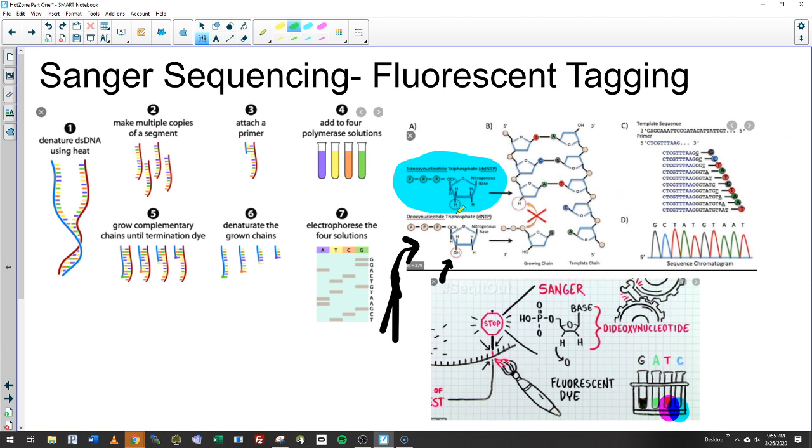Or if it's an A, an adenosine, they're going to tag it with a green fluorescent protein, so when it stops, you're going to get a green glowy tag. Or with G, there's no tag on it, so it doesn't glow anything, but it stops because it is a mutant form that they have manipulated this OH group, so it cannot extend the chain.